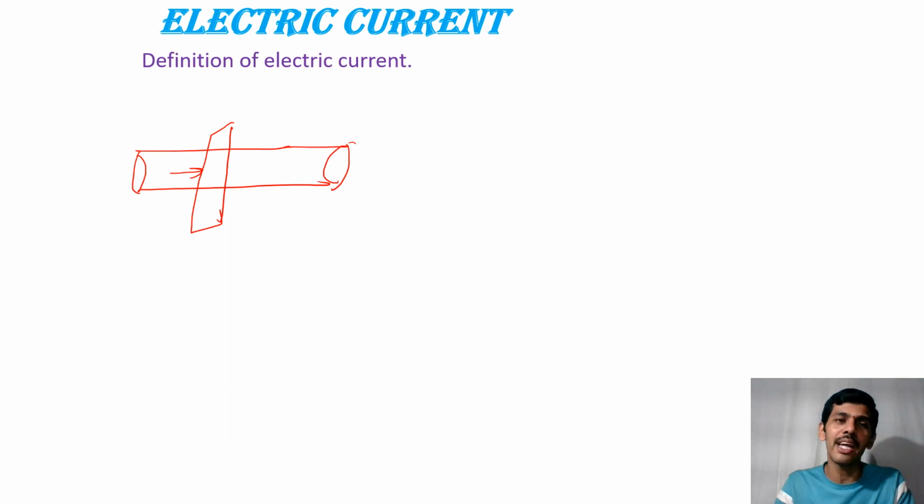He is looking at his watch and calculating how many charges are flowing through this particular cross section. This is some area I have considered. Through this area of cross section, how many electrons flow per unit time? That means per second he is calculating.